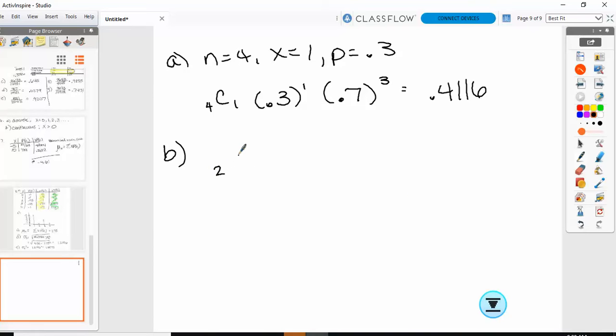So B, I said we had N is 2, so 2 choose X is 0, P, so 1/4 to the X, to the 0, 1 minus P, so 1 minus 1/4 is 3/4, so we could do 0.75 squared.